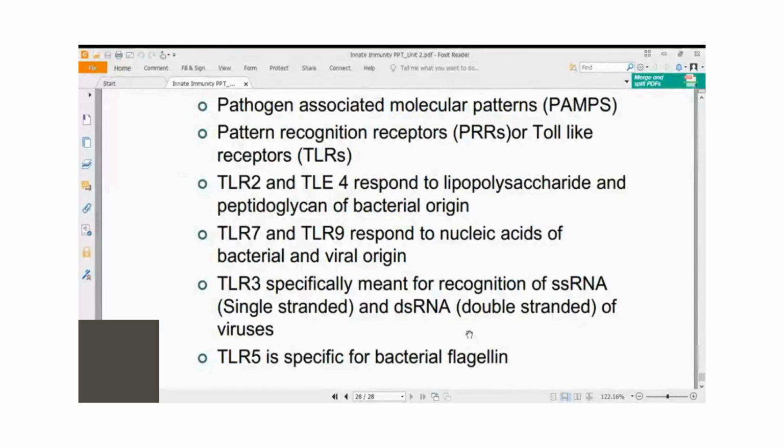So therefore, whenever you employ a technique to detect the antibodies in a person, if you use the technique within 1 week of the infection, you will not be able to detect the antibodies.